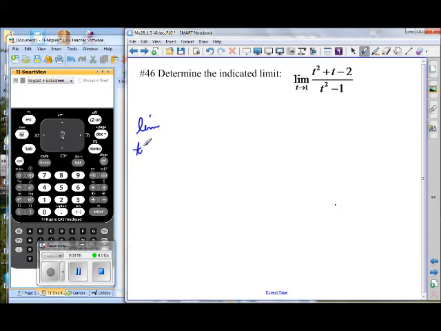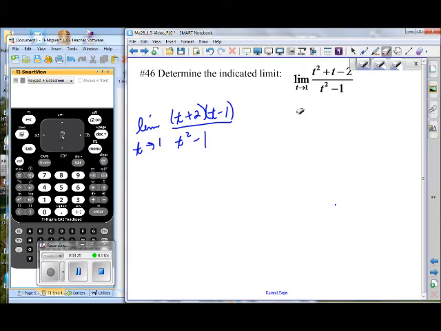So as t approaches 1, I have my denominator of t squared minus 1. My numerator, I think I can factor that, which I can, and that will be t plus 2 times t minus 1.